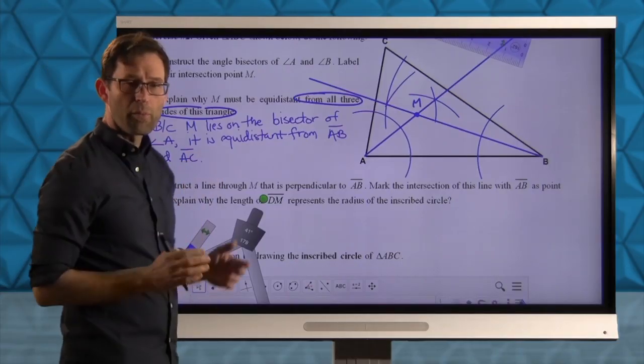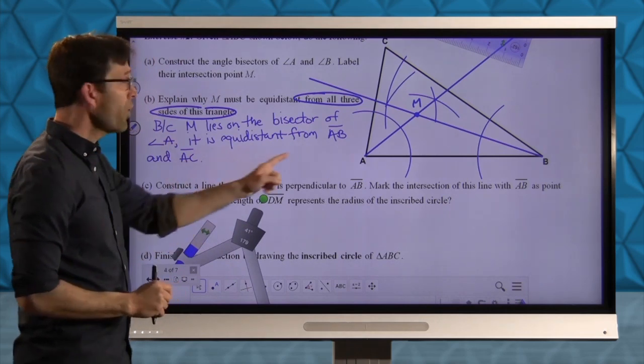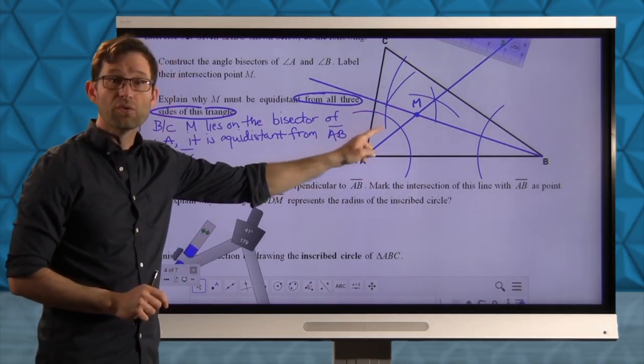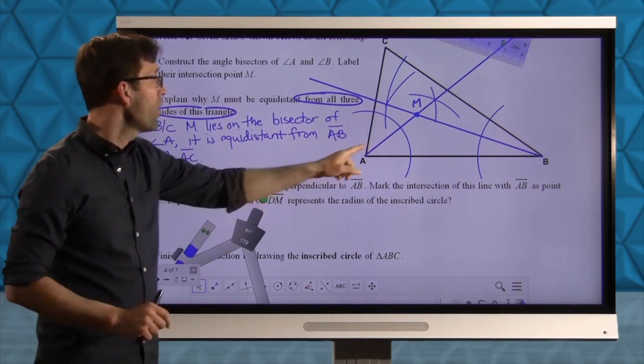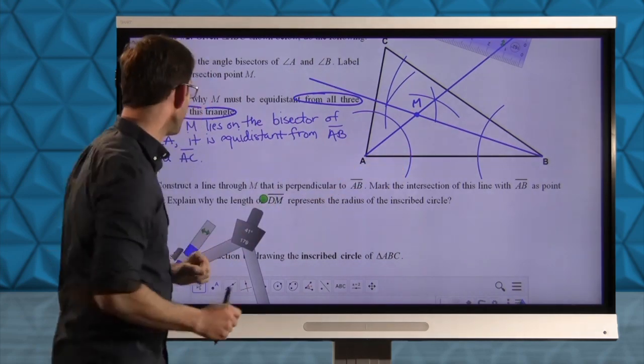So remember that from a previous lesson? It was actually from the last lesson, okay? Which is that any point that lies on an angle bisector is equidistant from the 2 sides of the angle. So right now, I know that M lies equidistant from AC and AB.